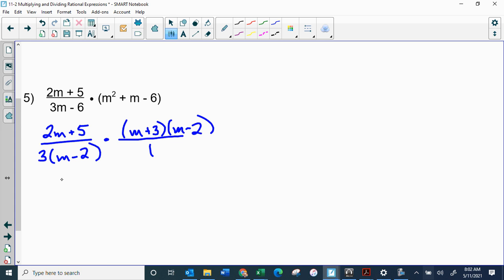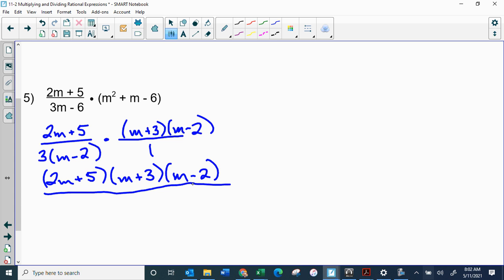Now we can put this together. We get 2m plus 5 times m plus 3 times m minus 2. And that's all over, that's a beautiful straight line, huh? 3 times m minus 2. So the m minus 2's I can cancel out. So let's cancel those out.